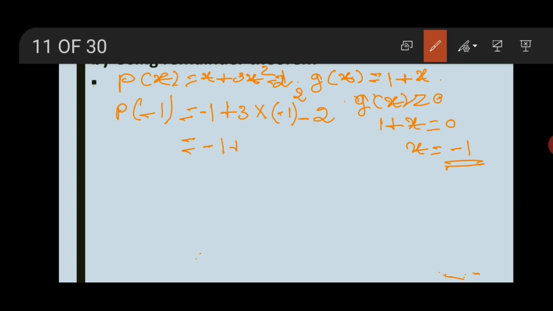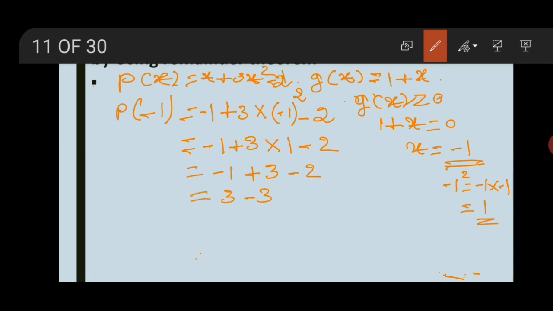Now, minus 1 square means minus 1 into minus 1. It is what? Plus 1. So, 3 into 1 plus minus 1 minus 2. 3 ones are 3, minus 1, minus 2. It becomes 3.